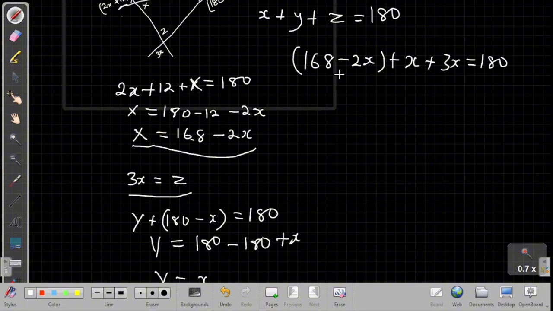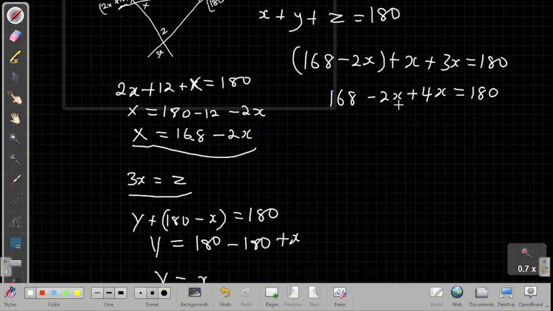Then all of them will be equal to what? 180. So now we have to collect like terms, basically. Now, open everything up. That will be 168 minus 2x plus x plus 3x, that's 4x, is equal to 180.